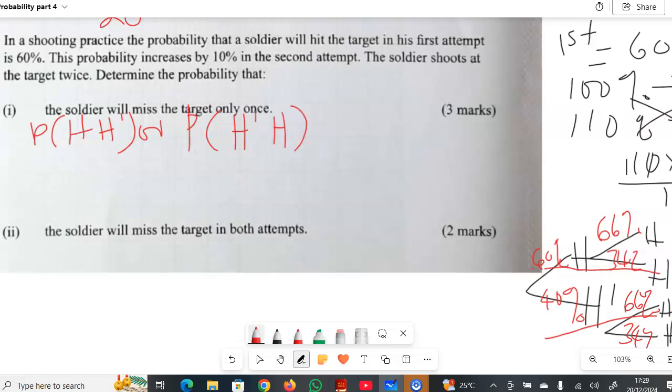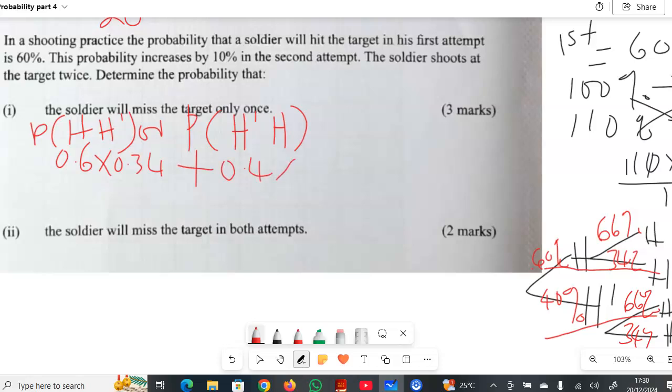So this is going to be the hitting the first case is 60%, so 0.6. The missing the second case is 0.34, that is 34%. Then we add the missing the first case is 40%, which is same as 0.4.